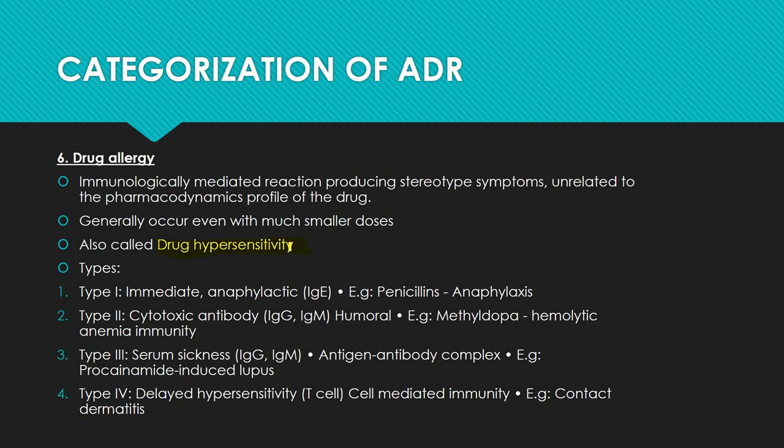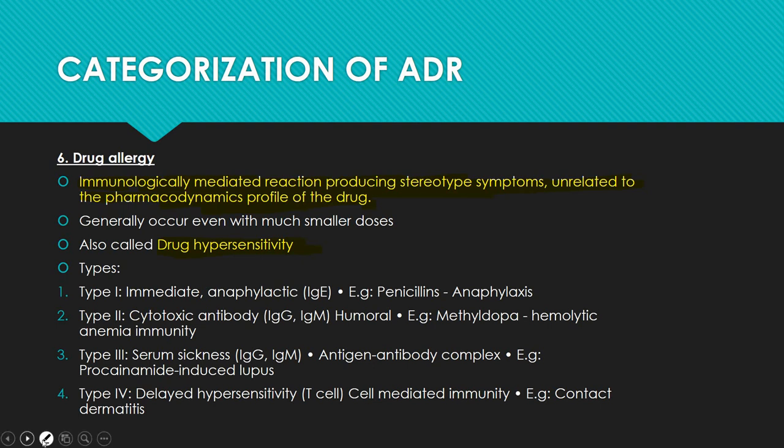So here you just make that drug hypersensitivity. This is the important key point. So what I said, drug allergy means drug hypersensitivity, which means what? Immunologically mediated reactions, that is immune reactions, which produce stereotype symptoms unrelated to the pharmacodynamic profile of the drug.